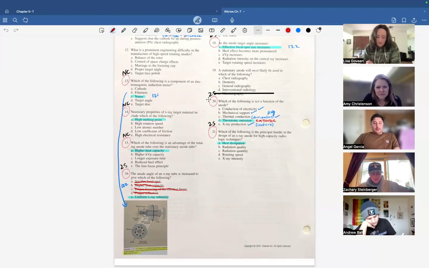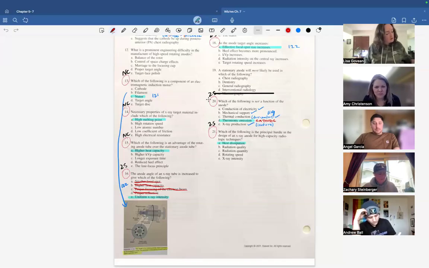And then 21, which of the following is the principal hurdle in the design of an X-ray anode for high capacity radiologic techniques? I put A, heat dissipation. It mentions a lot in this chapter when talking about the anode about how to control heat, with the materials of the anode, the oil, everything else.